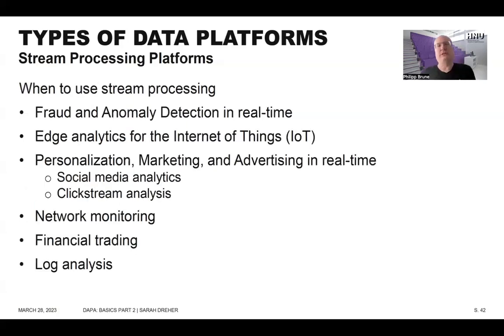So stream processing is nice for things like, as I said, surveillance, fraud and anomaly detection. You have a real-time flow of data. Edge processing: you have analytics on a device, like for example on an intelligent edge device.